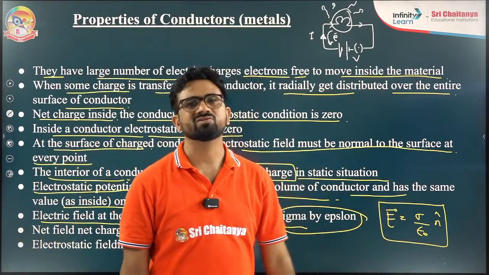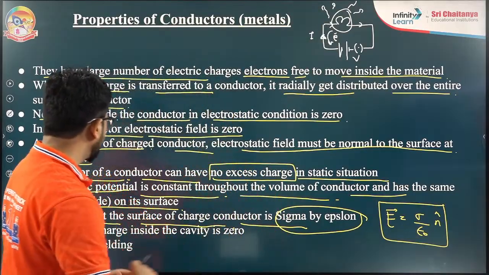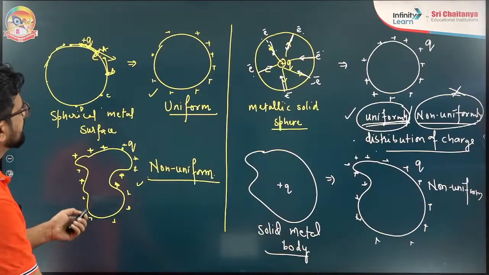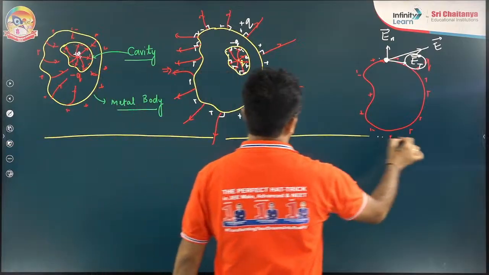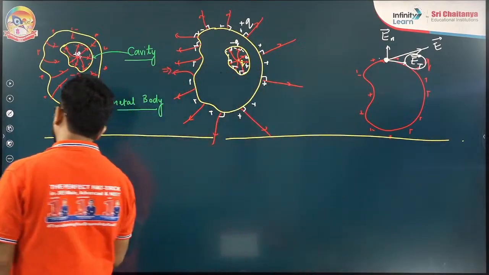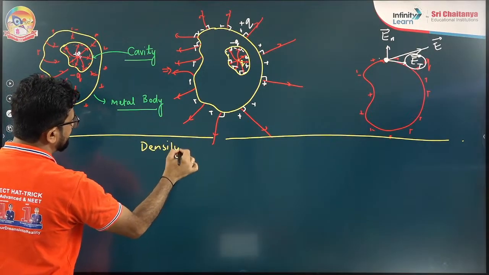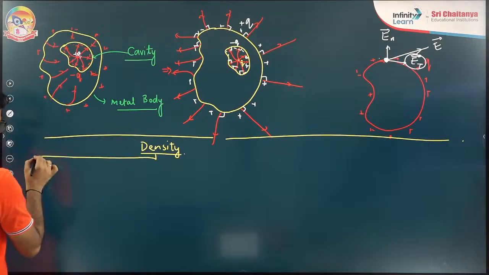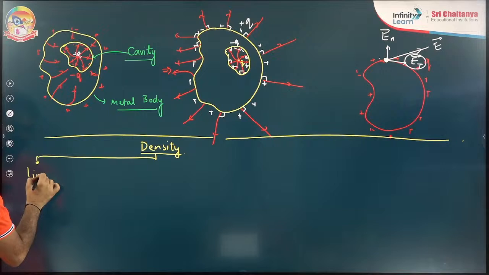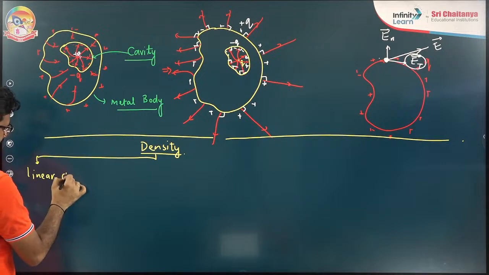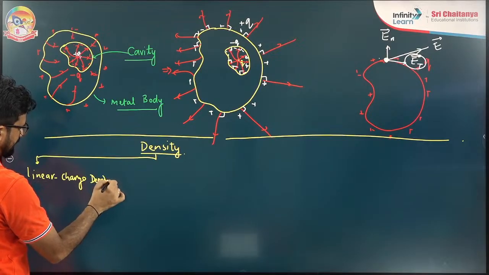Sigma is the surface charge density. There are 3 kinds of densities. The very first is linear charge density.